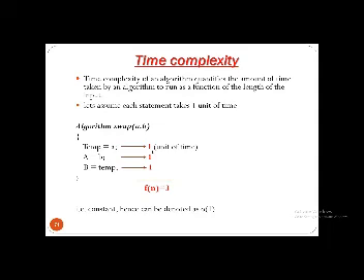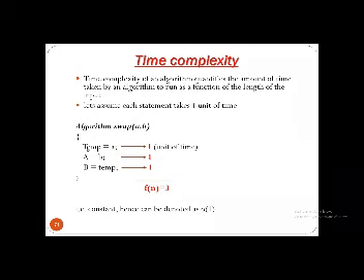On the second line, the value of b is assigned to a, which also happens one time. Then the temp value is assigned to b, so it also happens one time. So a total of 3 units of time is taken for executing this code.